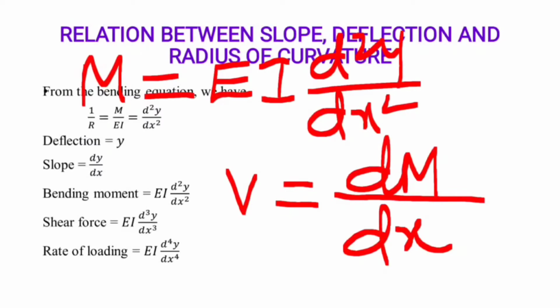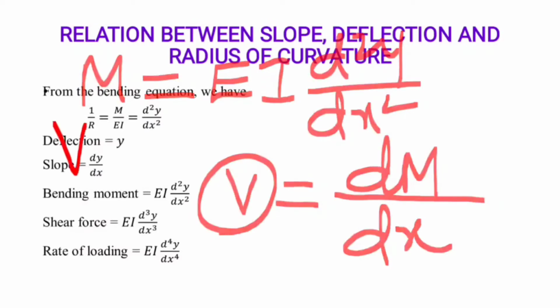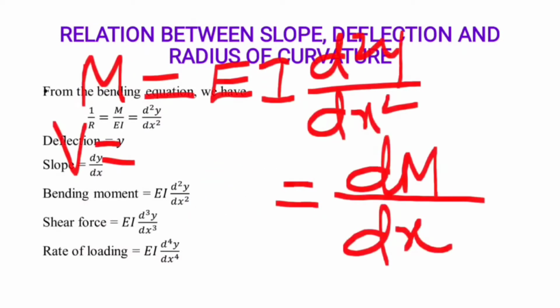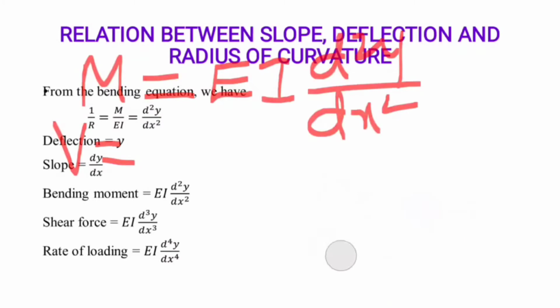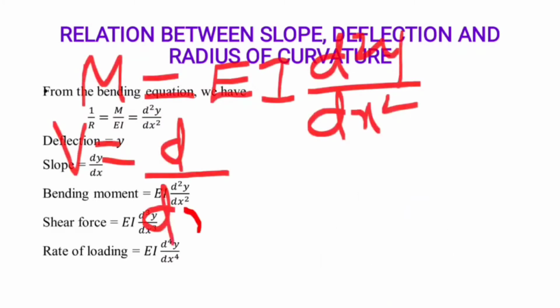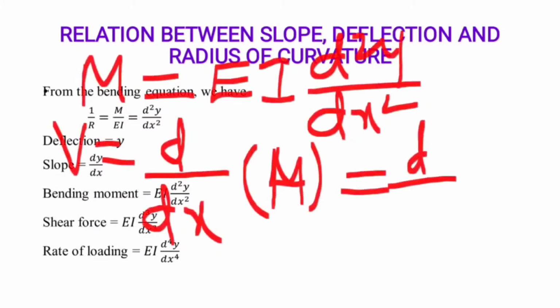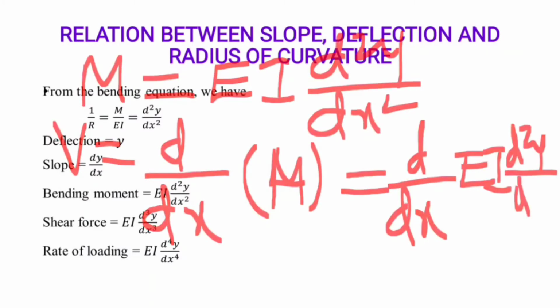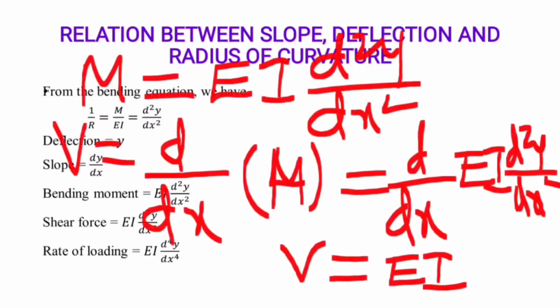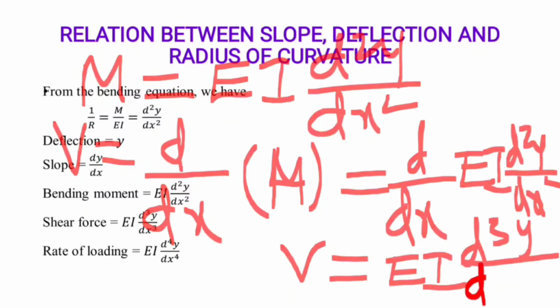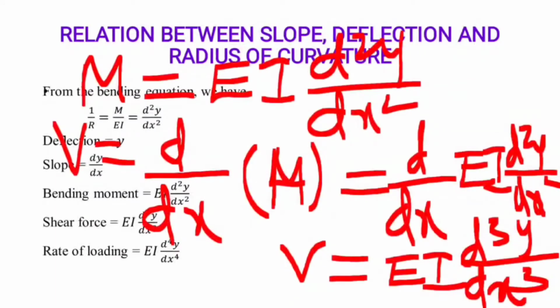Applying that concept here, V is equal to d by dx of M, that is equal to d by dx of EI d square y by dx square. We get V is equal to EI d cube y by dx cube. This is the equation for shear force.